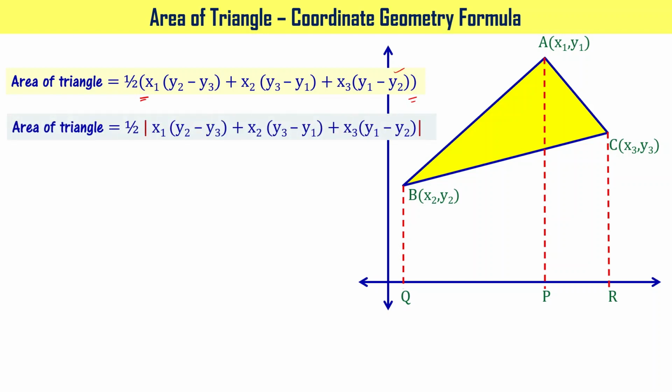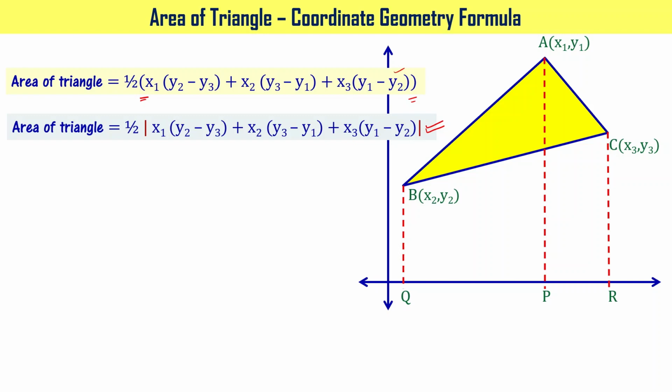Let me now write the area of the triangle as half mod of [x1 times (y2 minus y3) plus x2 times (y3 minus y1) plus x3 times (y1 minus y2)]. This is the final formula we are going to use to solve some problems. But take a note that the modulus operator drops the sign.